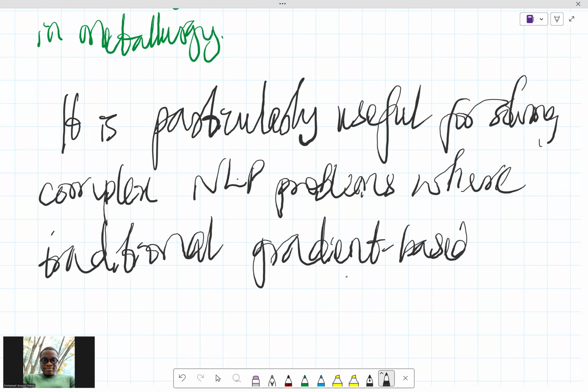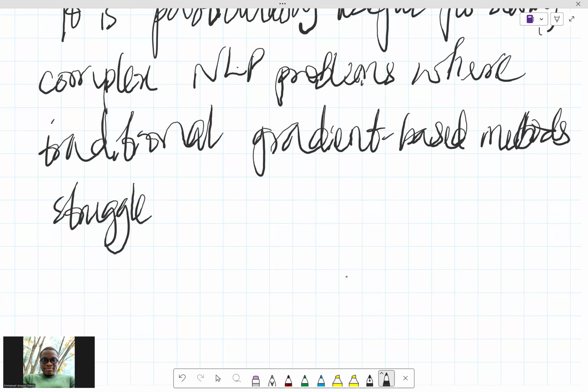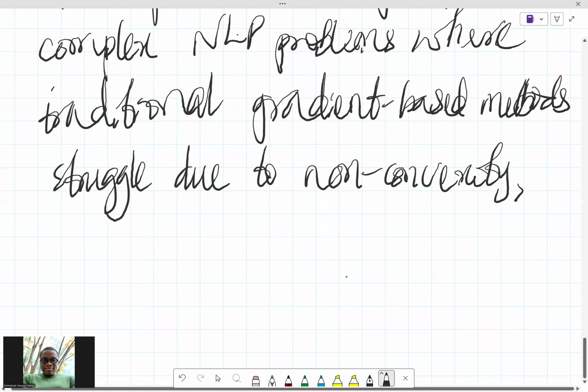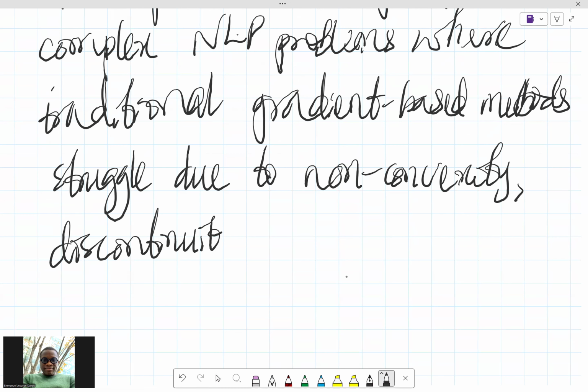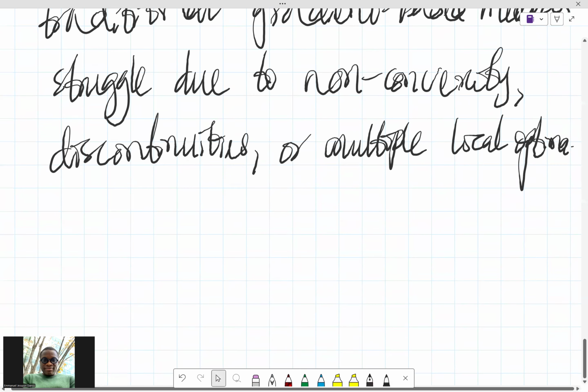Gradient-based methods are the general, very traditional ones that we think about when we think of optimization. They struggle due to non-convexity, which makes it difficult to find an optimum solution, due to discontinuities, because those methods work better for continuous functions, and due to multiple local optima, which is the issue with non-convex optimization.